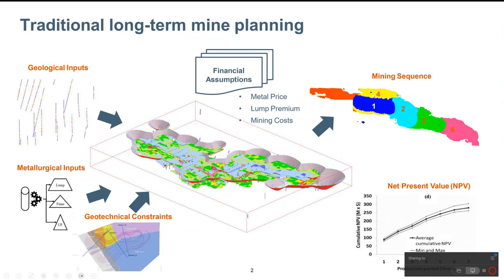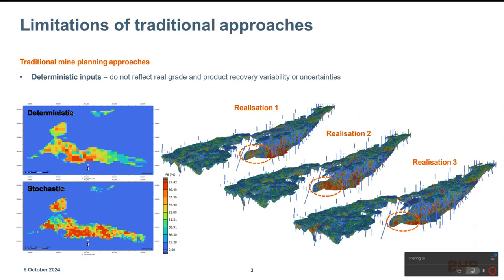Obviously, that can't all be mined in one go. So within that optimal pit, an optimal mining sequence is generated, which allows us to calculate NPV values, and by flexing certain assumptions around costs or capacities, we can get some high case values and some low case values around that NPV.